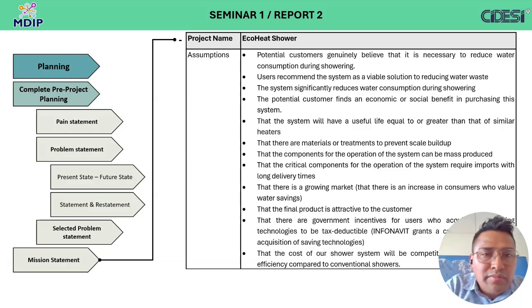We outline some assumptions, including that potential customers genuinely believe it is necessary to reduce water consumption during showering, that the system will significantly reduce water consumption during showering, that potential customers find economic or social benefits in purchasing these systems, and that the cost of our shower system will be competitive in cost and energy efficiency compared to conventional showers.